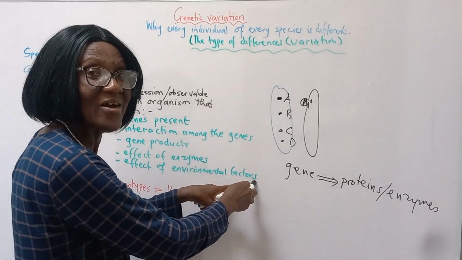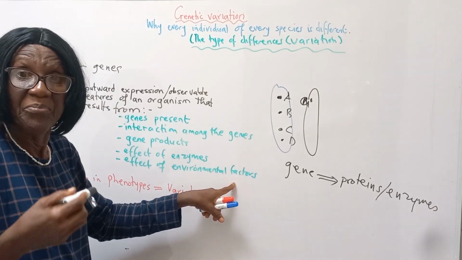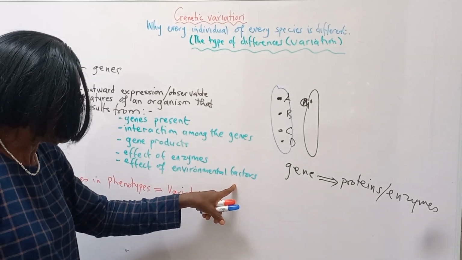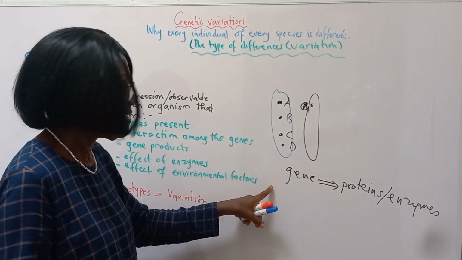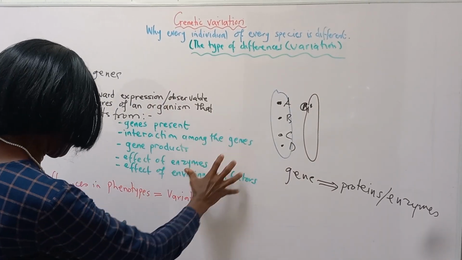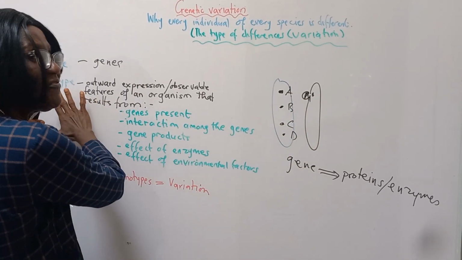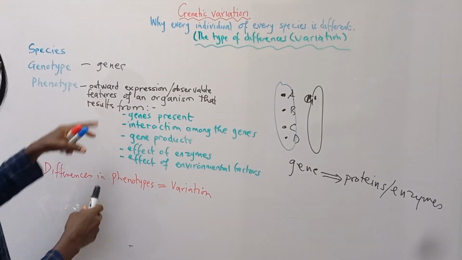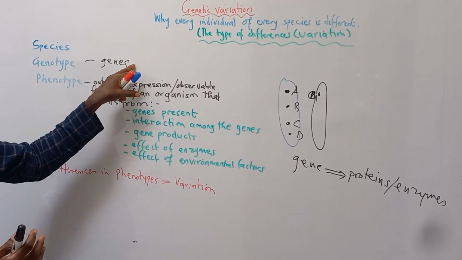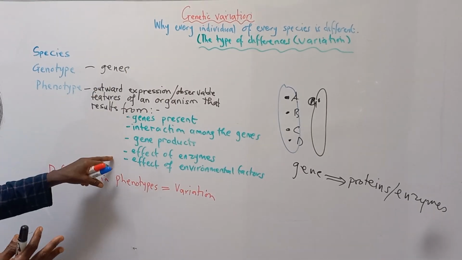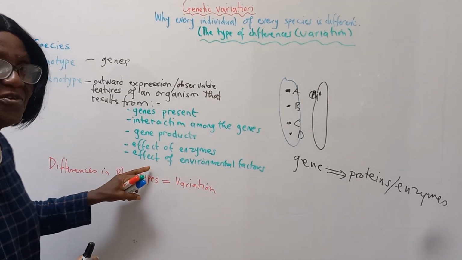The environmental factors can be internal, internal temperatures, internal pHs, and external factors as well, warmth, etc. They all go to affect genes to produce the phenotype. Good. So the phenotype, remember, can be measured. Genes cannot be measured.